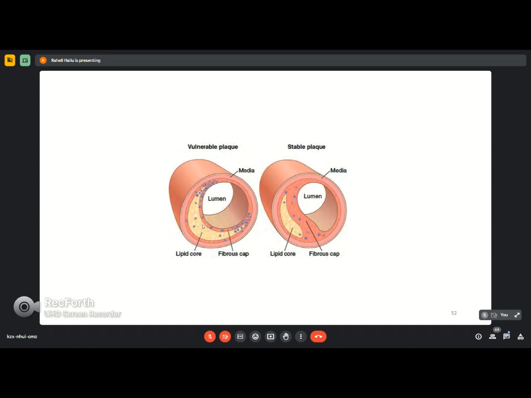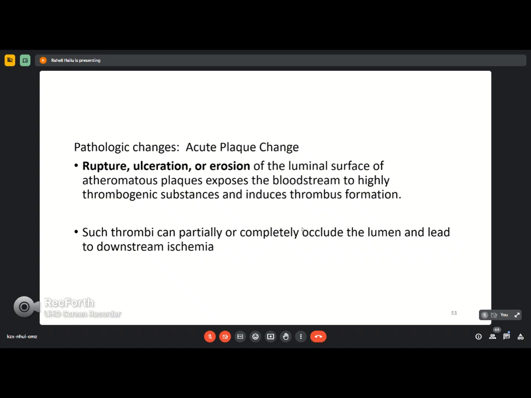And also they might be bleeding into the atherosclerotic plaque as well. So those are vulnerable plaques. They have not formed the extracellular matrix substance that helps stabilize the plaque.